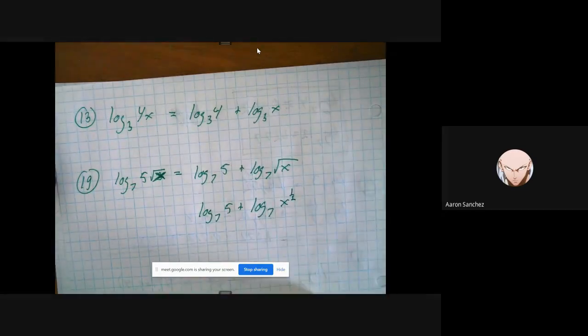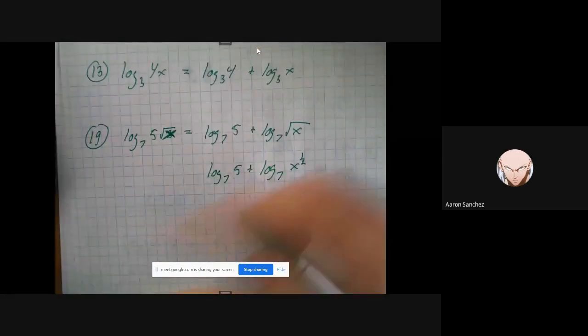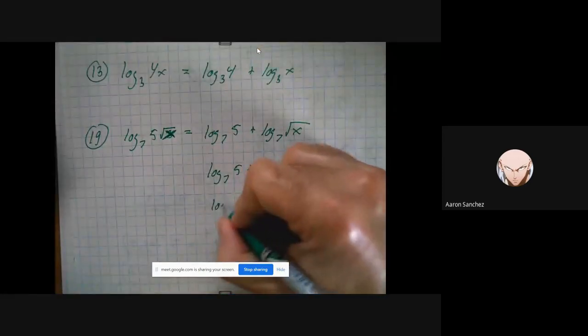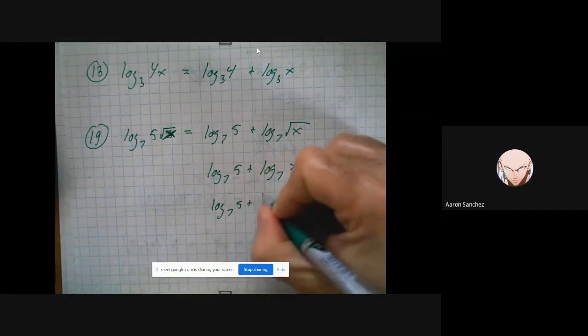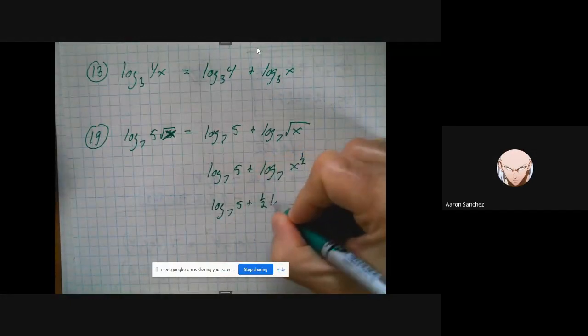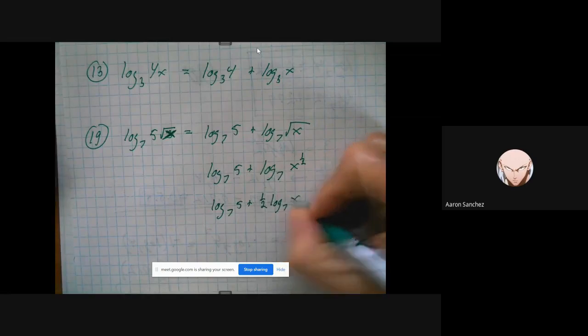Remember that to the 1/2 is the same as the square root. And then following full expansion, it'll be log base 7 of 5 plus, using the power rule, 1/2 log base 7 of x.